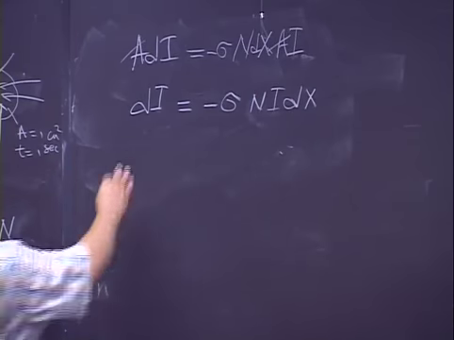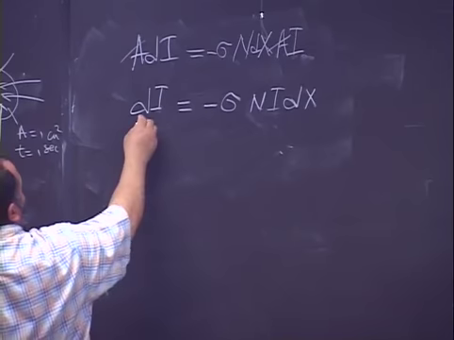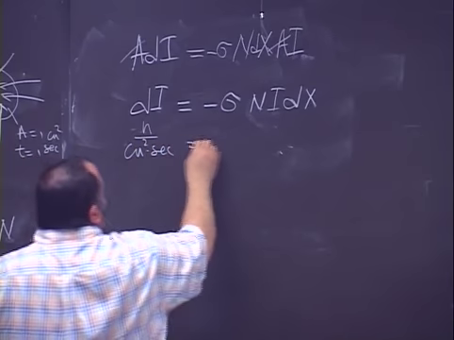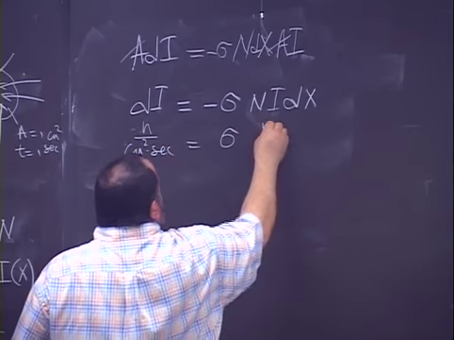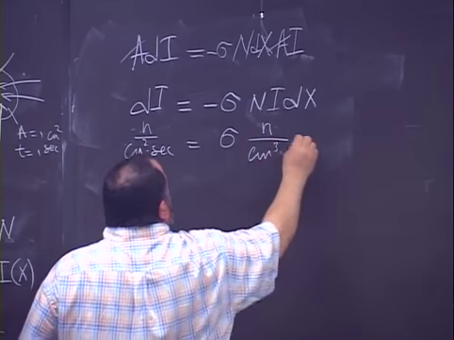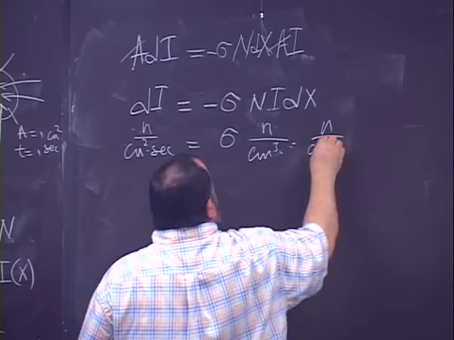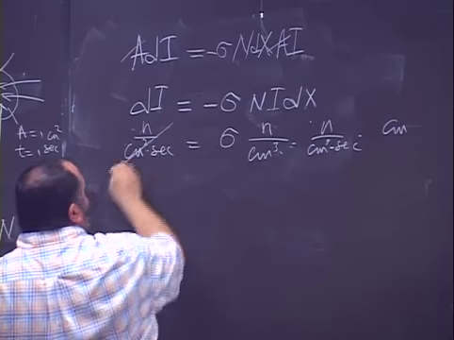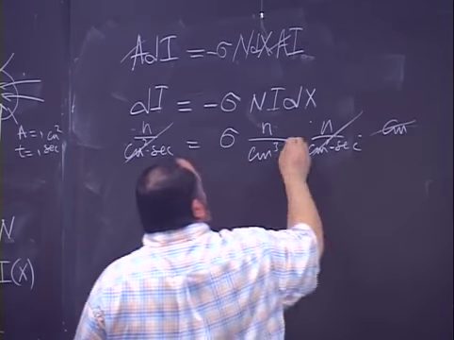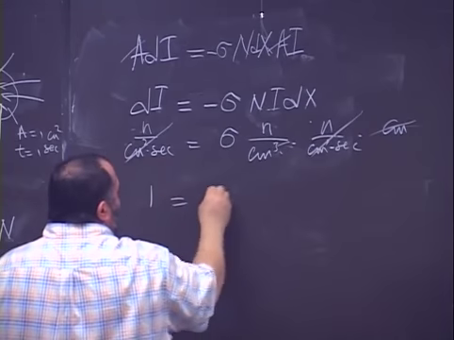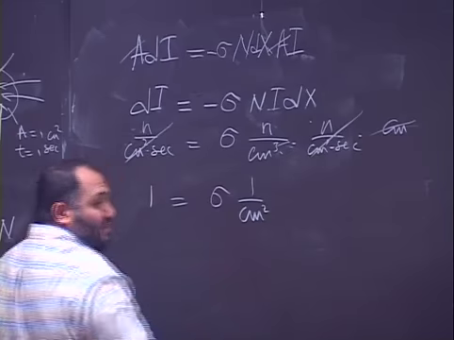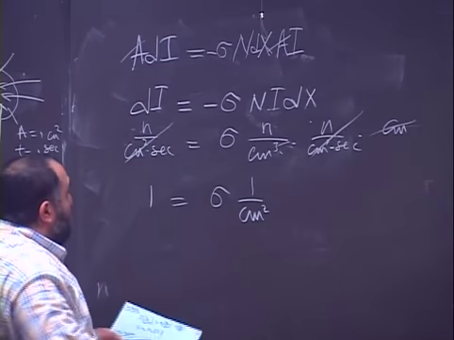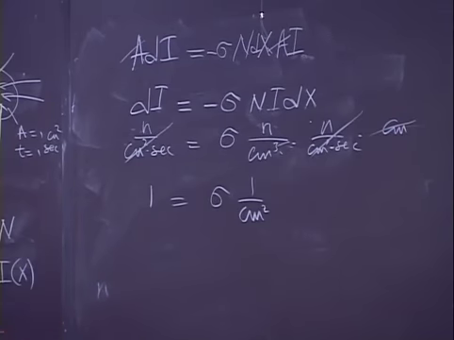And again, if you check the units, you'll notice that this is number per centimeter square per second, and this is sigma. This is number of nuclei per centimeter cube. This is number of neutrons per centimeter square per second, and this is centimeter. So this number will go with this number, and the centimeter will go with centimeter cube, and then you will notice that 1 equals sigma over centimeter square. Did you understand?